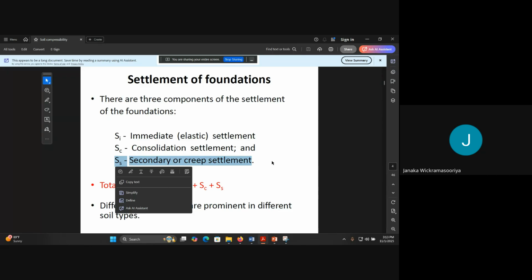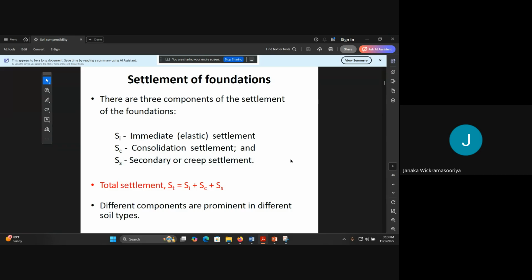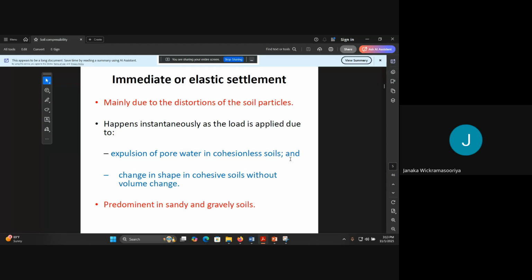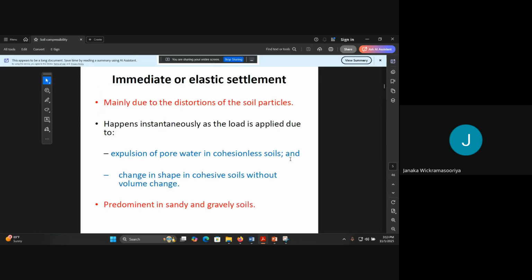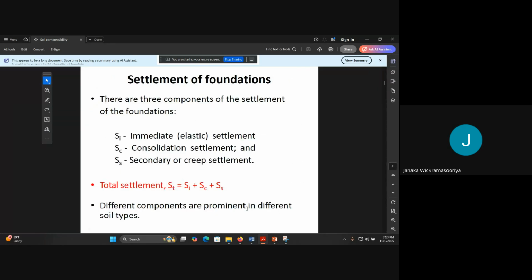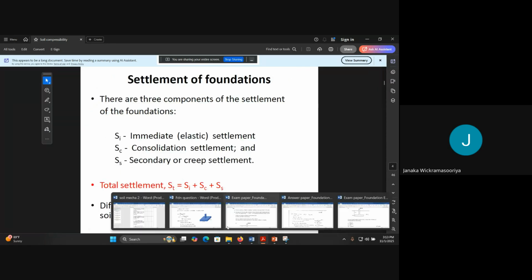Therefore, due to the change of that molecular structure, there will be some settlements. That is called the secondary or creep settlement. That takes a very long time, about 50 years or something like that. I will show you this using a graph.